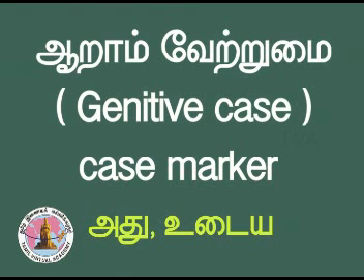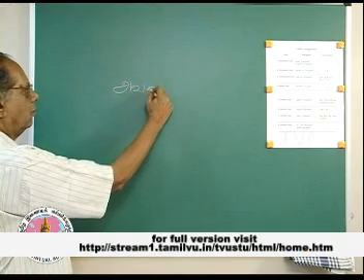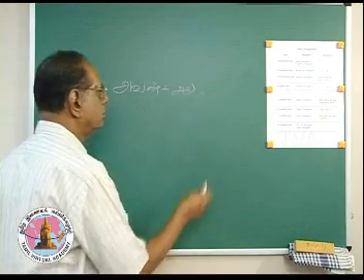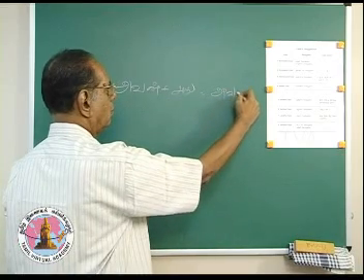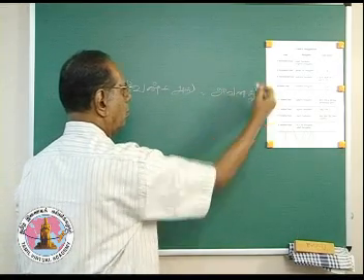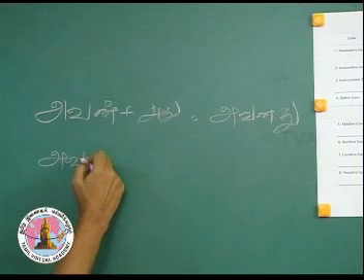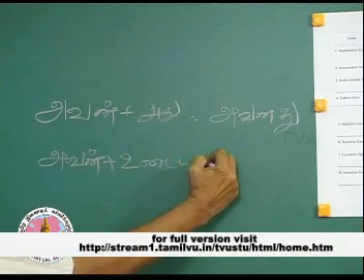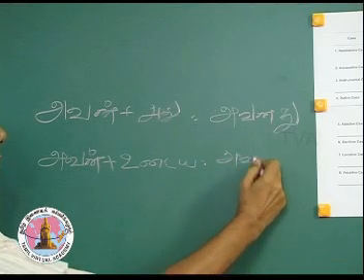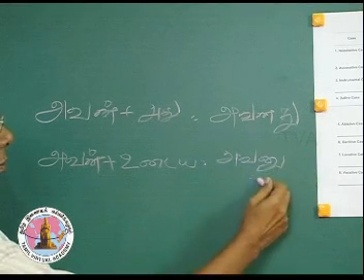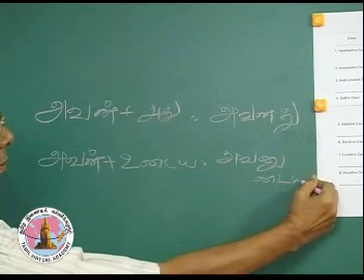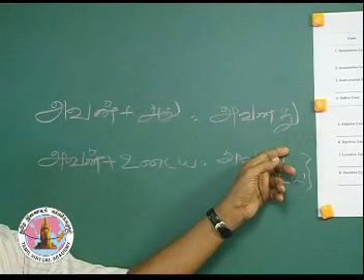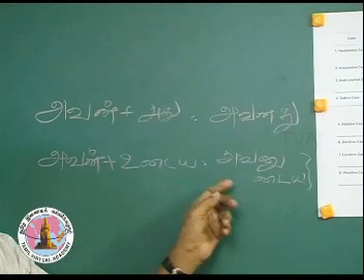Both mean the same. அவன் plus அது, அவனது; அவன் plus உடைய, அவனுடைய.